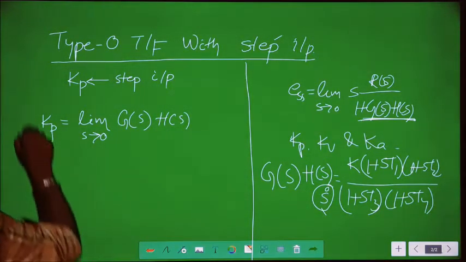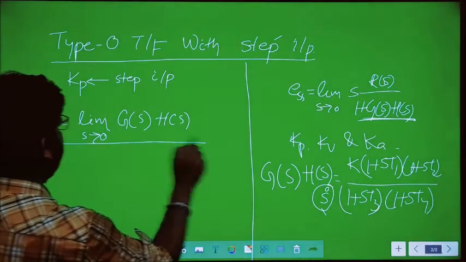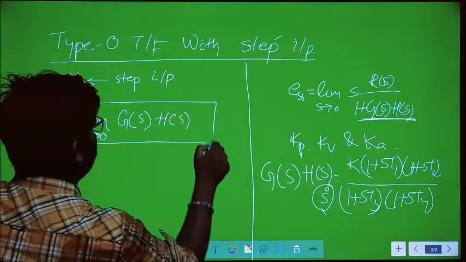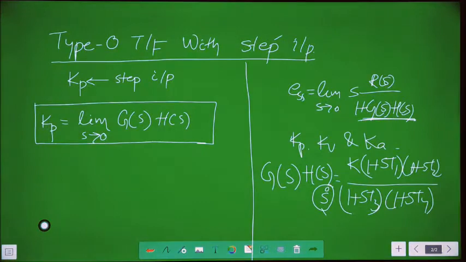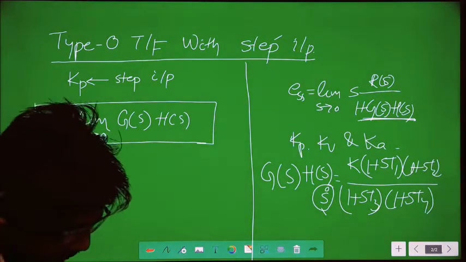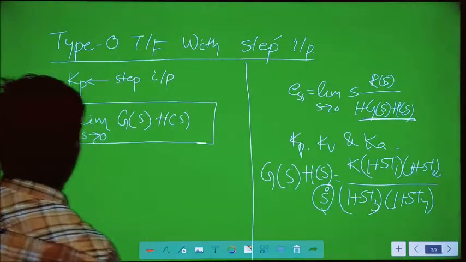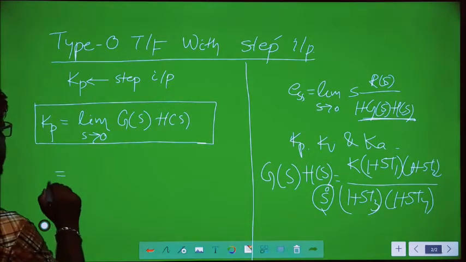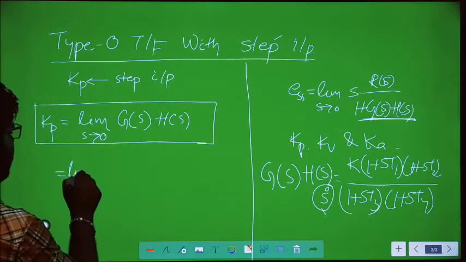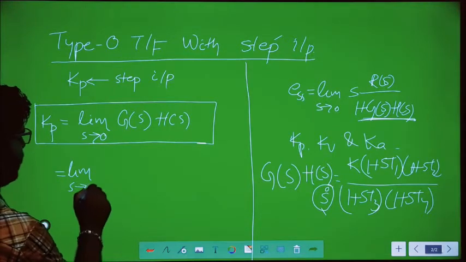Clear? This is nothing but the Kp formula we have seen in the last video. So then, if we replace this G of s into H of s by this formula, we can write Kp is equal to limit s tends to 0.